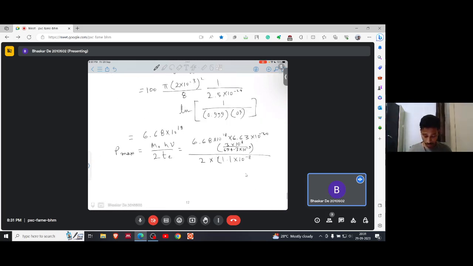It will give 8.7 into 10 to the minus 7.